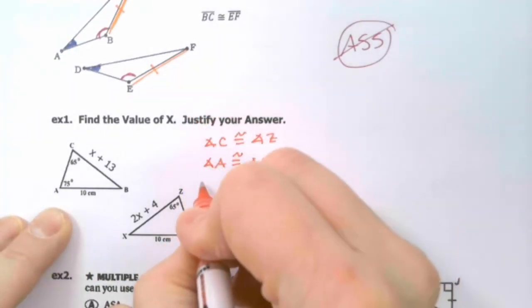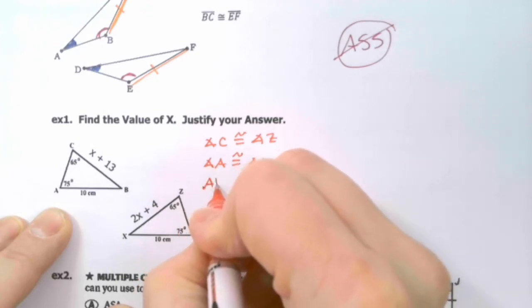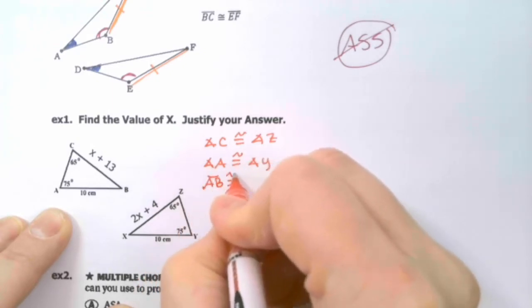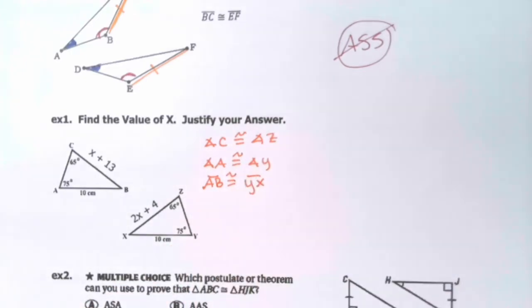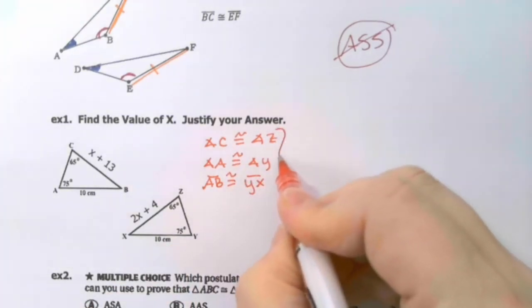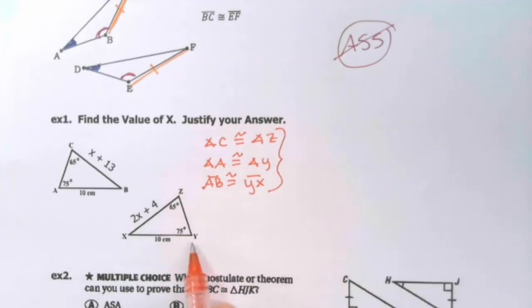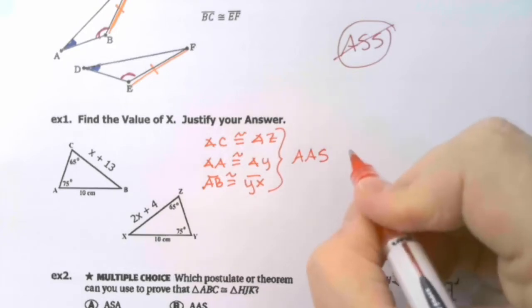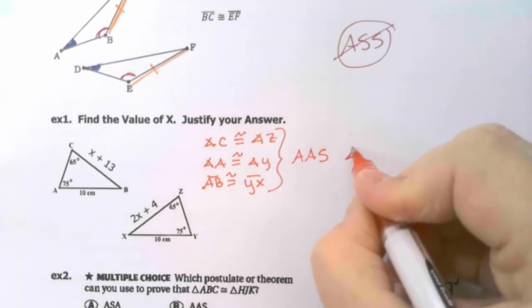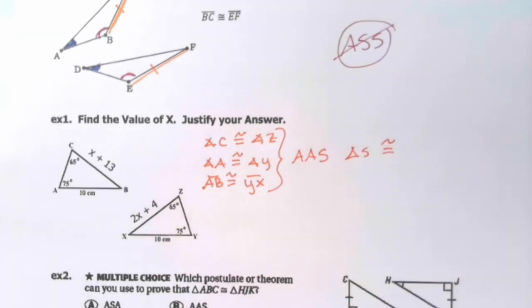And now the non-included side, AB is congruent to YX. So that gives me two angles and a non-included side. So angle, angle, side tells us that the triangles are congruent.